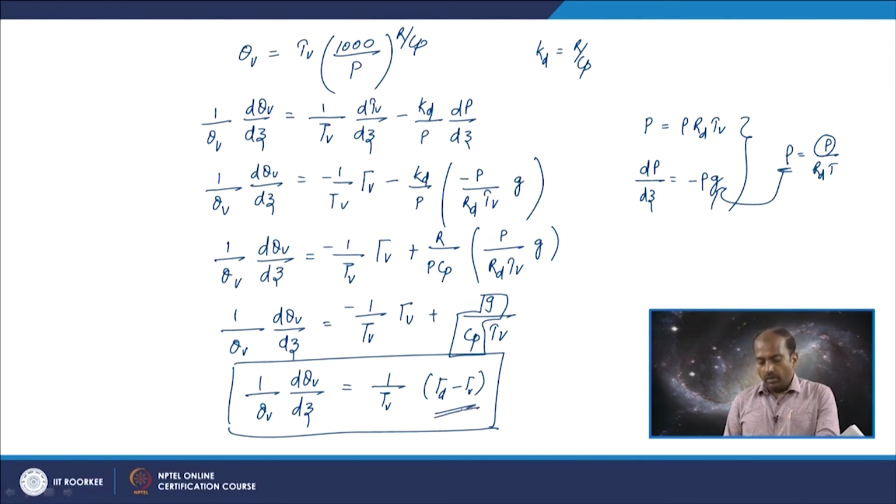We can use this difference to write our stability conditions in terms of the virtual potential temperature changing with respect to height. The conditions from gamma d minus gamma v being less than 0, greater than 0 or 0 are transferred to this derivative.